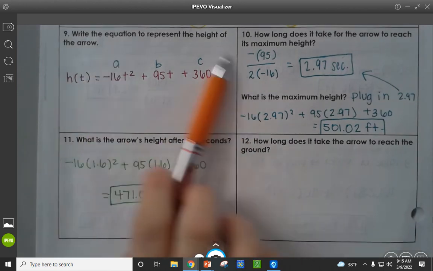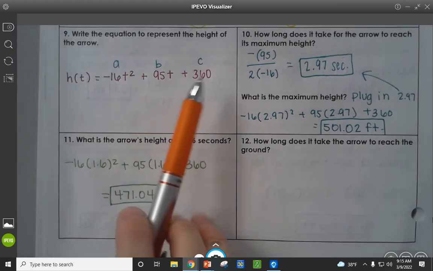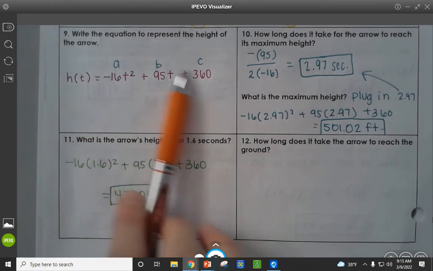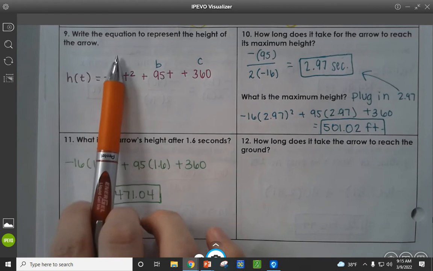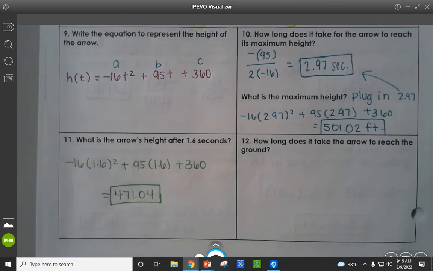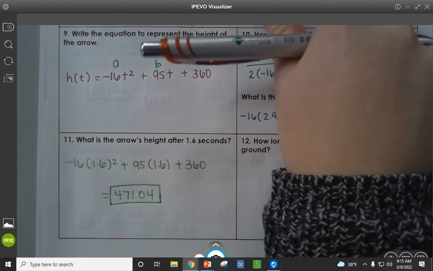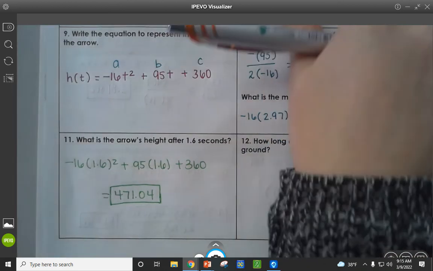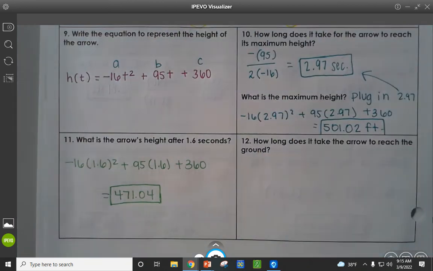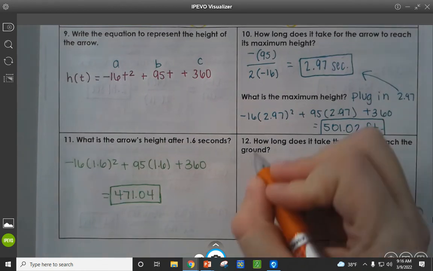And the quadratic formula is the best way to get that because most of the time it won't factor, and plus you have that negative 16, so quadratic formula just makes it a lot easier. So quadratic formula, if you look back to question number 8, I have the formula written out there, so I'm not going to rewrite the whole formula. I'm just going to go ahead and fill in.